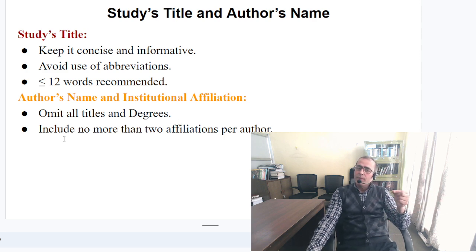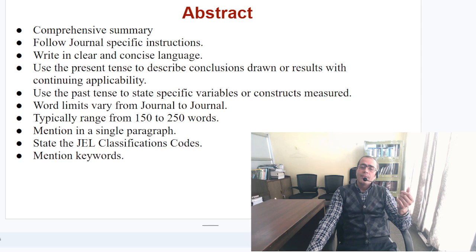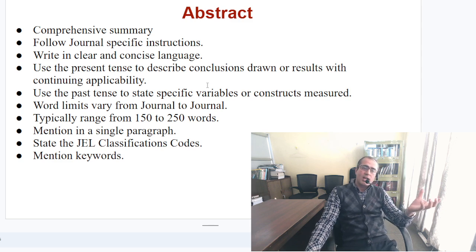Okay, next it would be good to mention up to two affiliations per author. That is the latest. Don't worry if you don't have any affiliation, you could mention your name with your details, resident place.